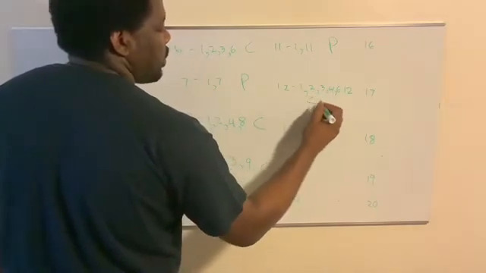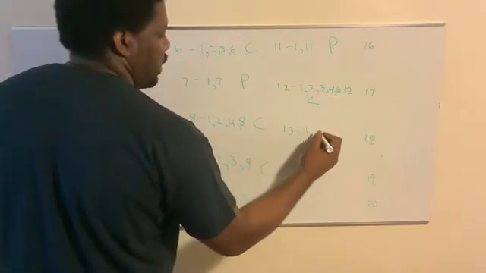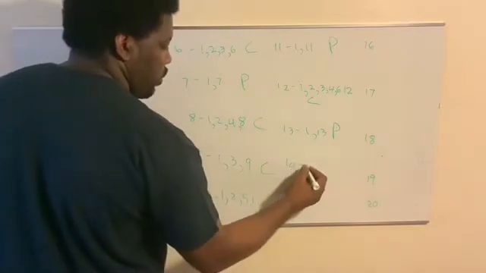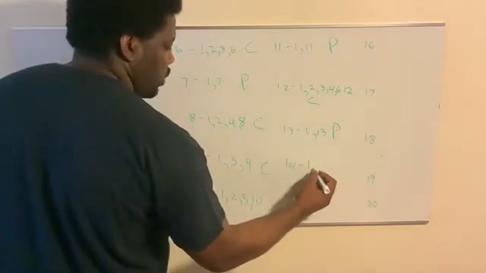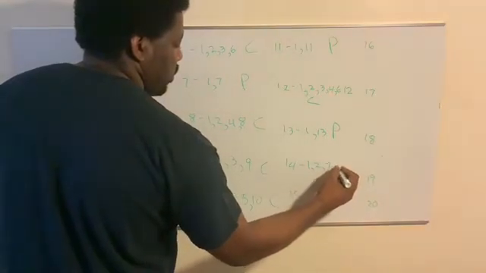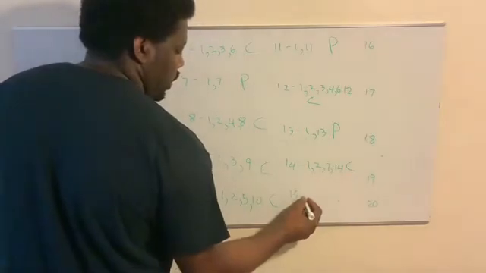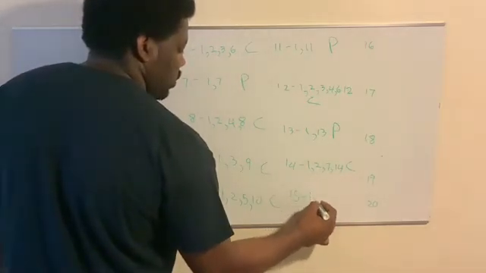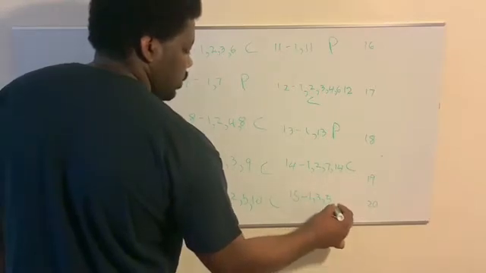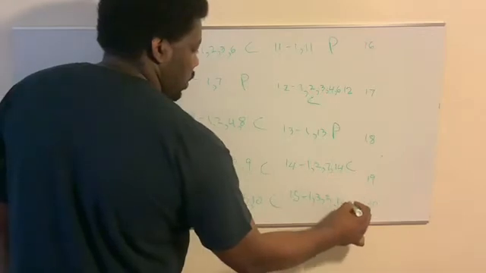So it's composite. 13, 1 and 13 are its factors, so it's prime. 14, you have 1, 2, 7, and 14, so it's composite. 15, we have 1, 3, 5, and 15, so it's composite.